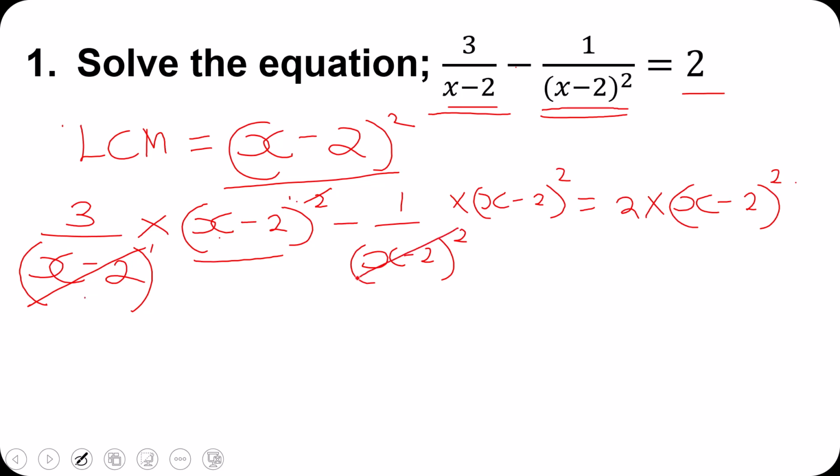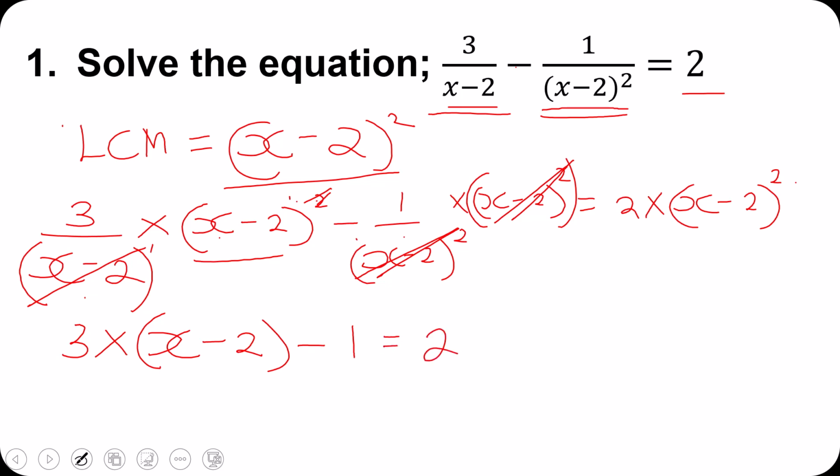And then this x minus 2 goes with this x minus 2. And finally, we shall have 3 times x minus 2, which is now remaining as to power 1 because 1 divided with the one that was down. And then minus 1. This went with this, so we have 1 times 1, so the 1 remains as a 1. And this will equal 2 times x minus 2 squared.